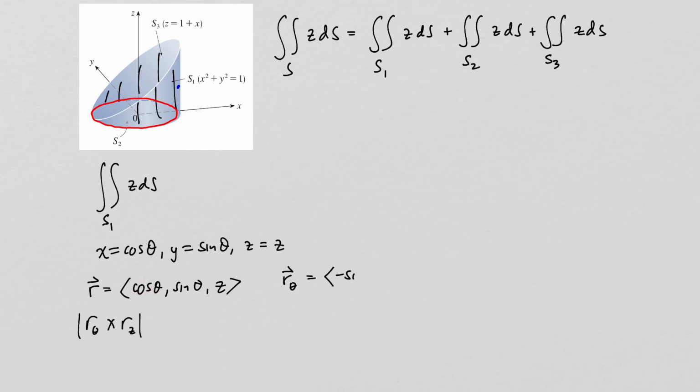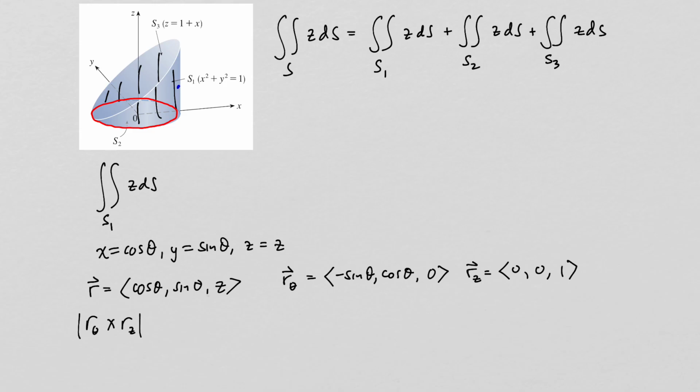That is negative sine of theta. The derivative of sine of theta with respect to theta, which is cosine of theta. And the derivative of z with respect to theta is 0. And then r_z is going to be the derivative of cosine of theta with respect to z, which is 0. The derivative of sine of theta with respect to z, which is 0. And the derivative of z with respect to z, which is 1.